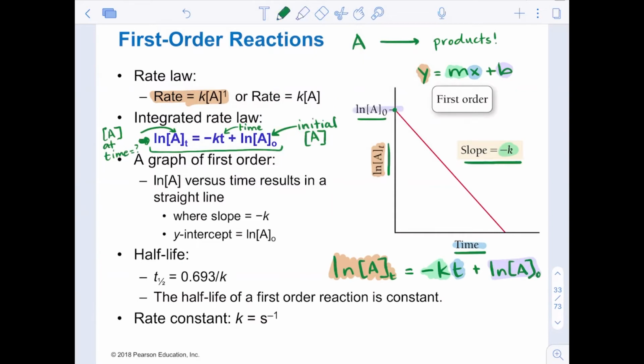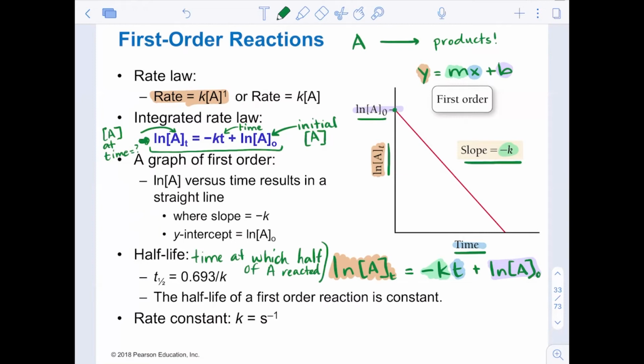What's the initial concentration? With this, what we can actually calculate is a half-life. A half-life specifically is the time at which half of A has reacted. That is the definition of your half-life.